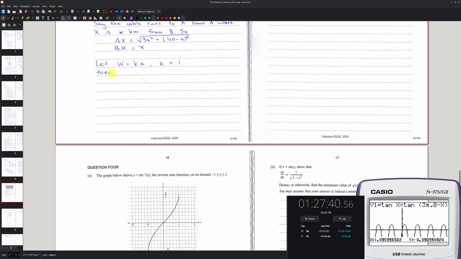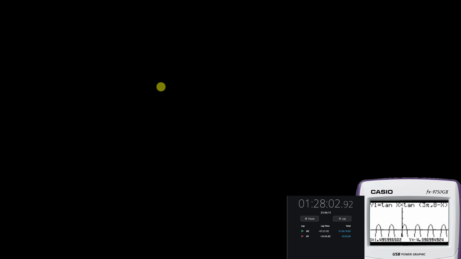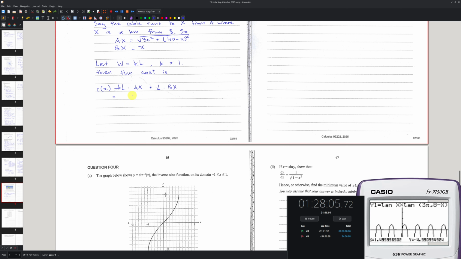Then the cost is k times L, so C of x equals L times k times AX plus L times BX, which is equal to L times k times the square root of 30 squared plus 40 minus x squared, plus x.